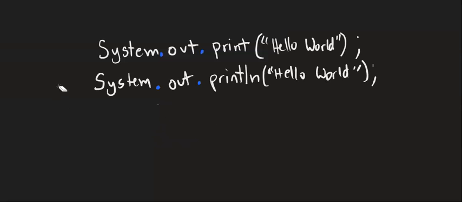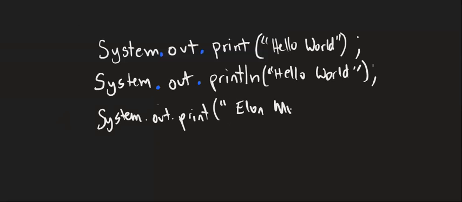Let me give you an example where we print something after the statement. I want to just do print and then, let me see, Elon Musk will meet Moyer someday.